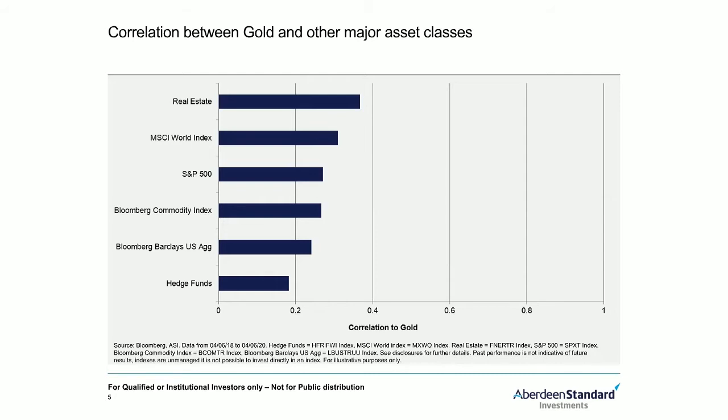Whether that's hedge funds or real estate or anything along those lines, the beauty of gold within a portfolio, as we'll talk about throughout the presentation, is that gold has a low correlation to other asset classes, which is exactly what you want in a portfolio when things start to go high correlation or start to correlate to each other. And from that standpoint, we've seen that through this recent market downturn, as we'll talk through.